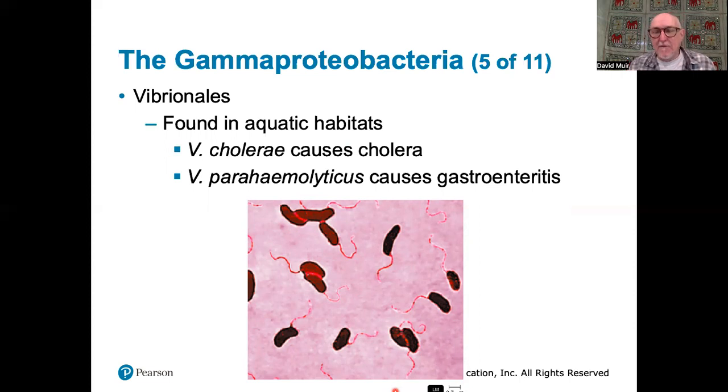And many of them are marine or associated with brackish water, that is water which has a low salt content but has a distinct taste of salt. And the most important one of all is called Vibrio cholerae.